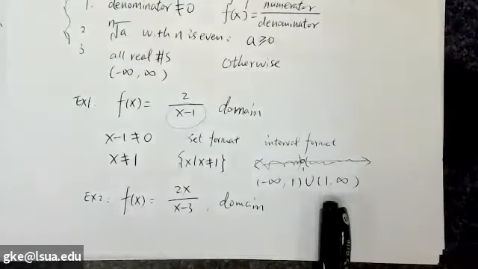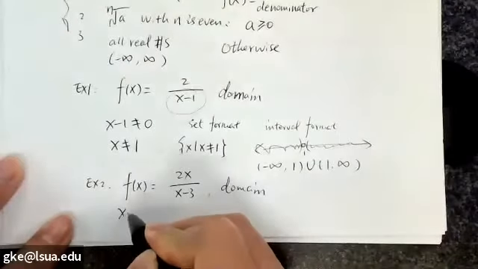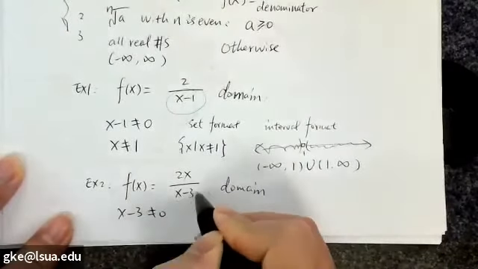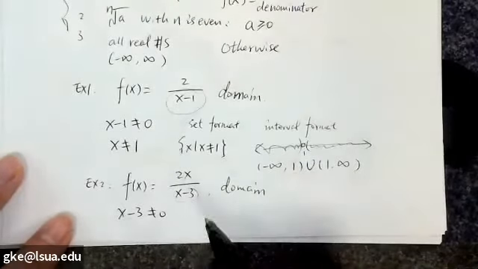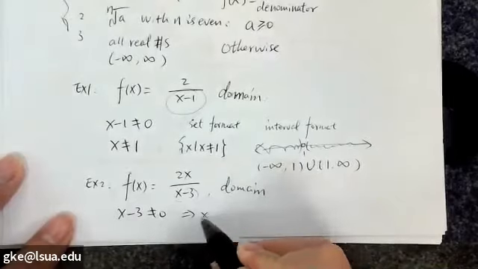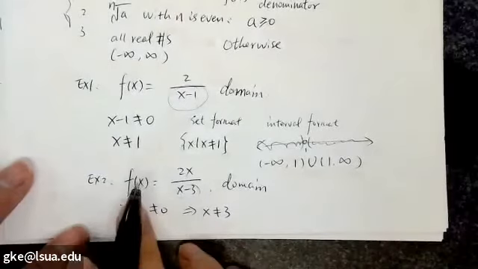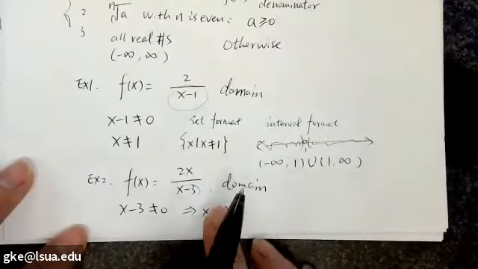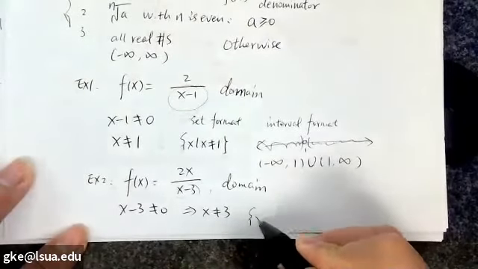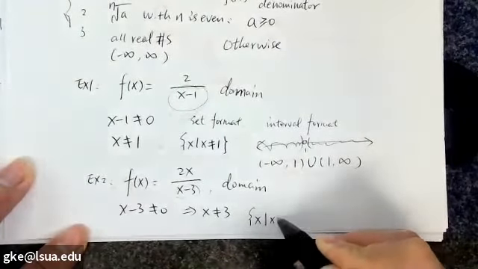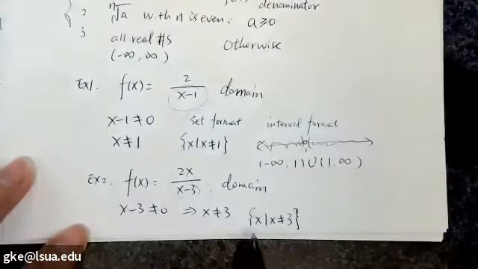All right. So let us do it together. It's very similar to the last example because here we have a fraction. That means the denominator can never be 0, right? So this will give you x never equals 3, right? Plus 3 for both sides, you're going to get x doesn't equal 3. And the set format is this, right?